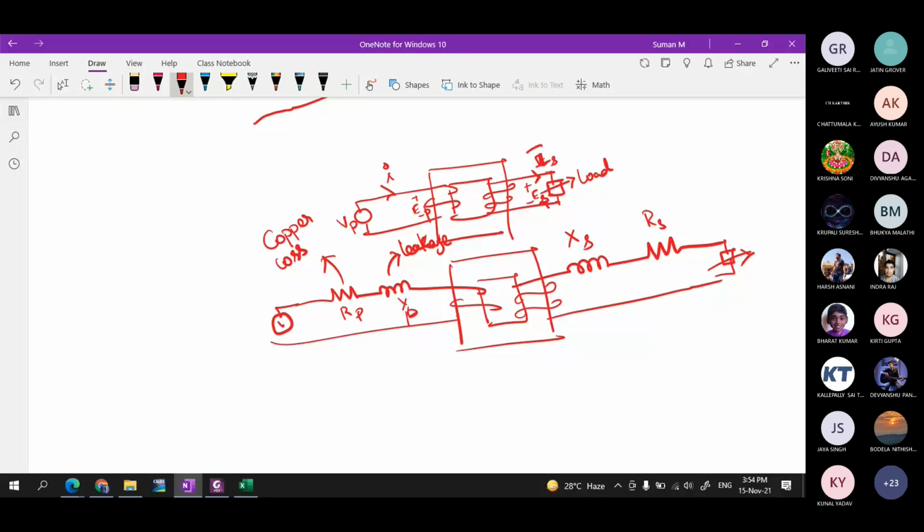Is it understood till this? This is ideal, this is practical. Is it understood till now? Practical transformer, this is ideal transformer.